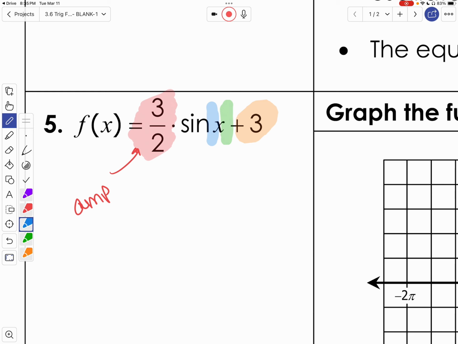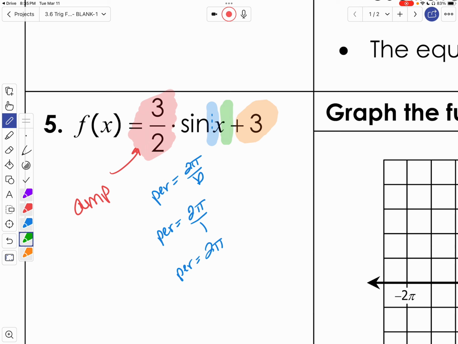I do notice that my B value is an invisible number 1. So my period is 2 pi over B. And in this case, my B value is 1. So my period is just 2 pi, which means it's going to take 2 pi units to complete one portion of this graph, or one cycle of this graph.